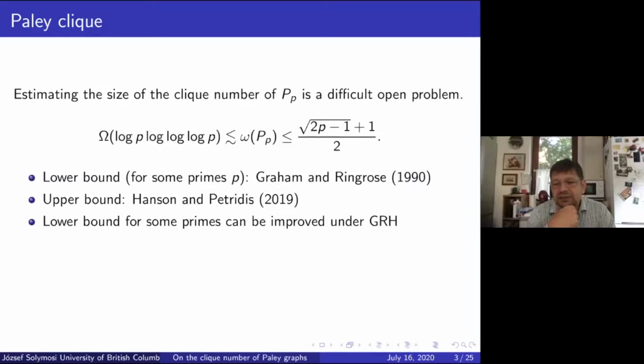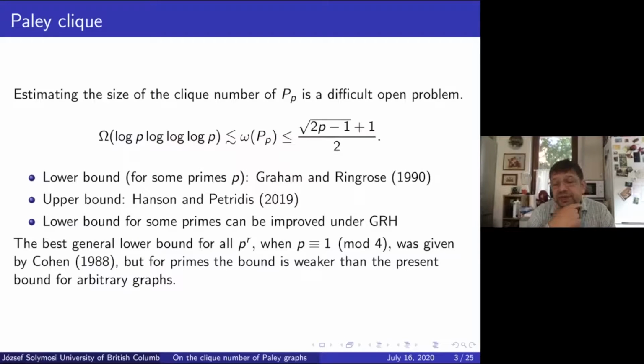Under the generalized Riemann hypothesis, you can improve this lower bound just a little. You can remove one log, so it would be log p times log log p for some p's. But what is the general bound for this? I didn't find much about this. There is a relatively, now we say, old paper of Cohen, where he gave a bound on the clique number.